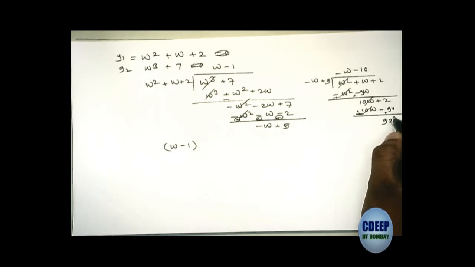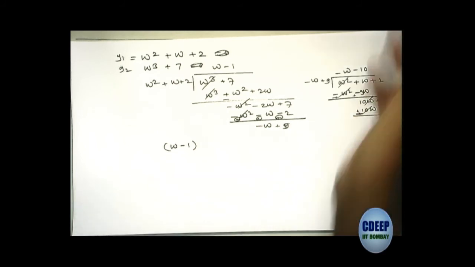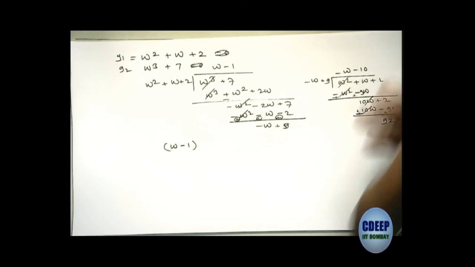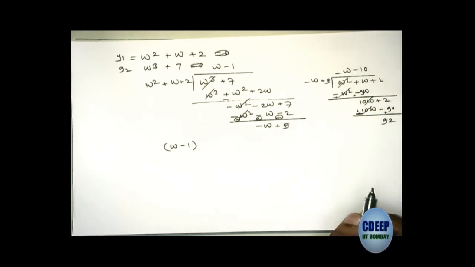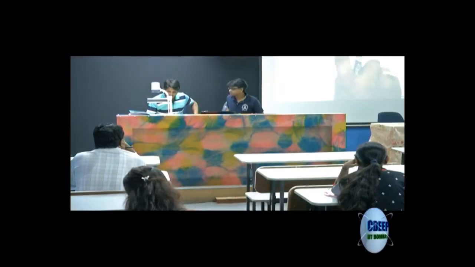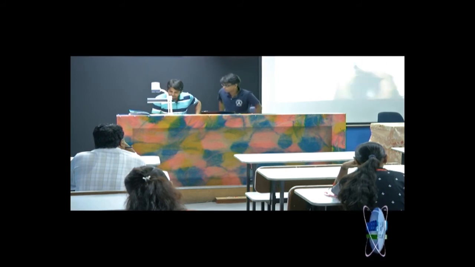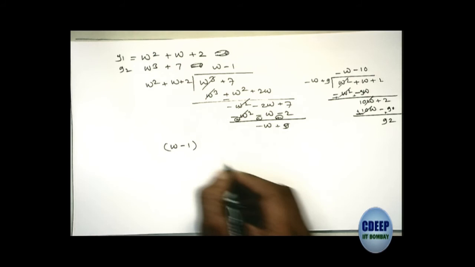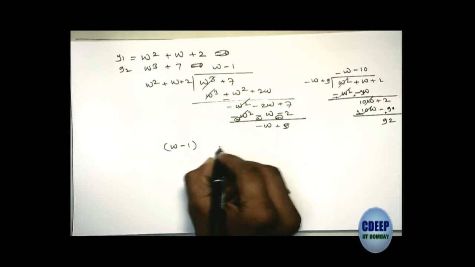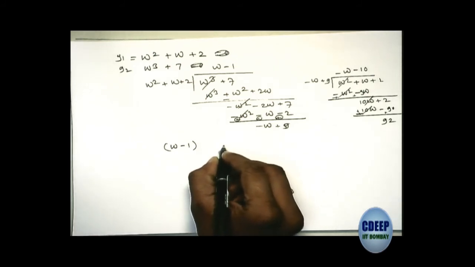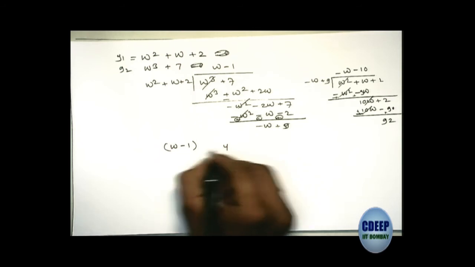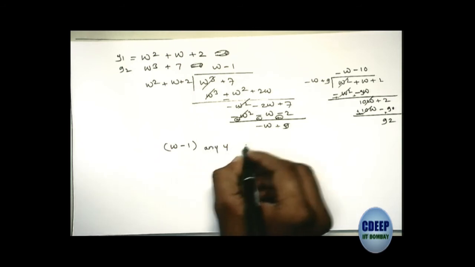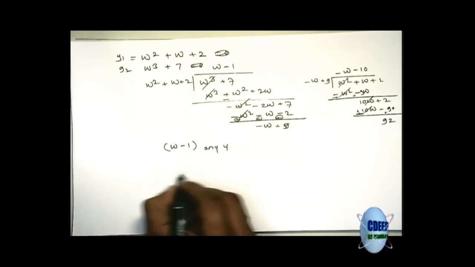So what is the GCD then? GCD is the monic form of 92, which is 1. Correct? So the GCD is 1. Which means solving these two equations, any y that satisfies both these equations, these two equations.